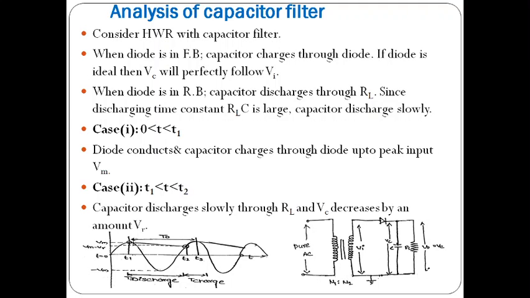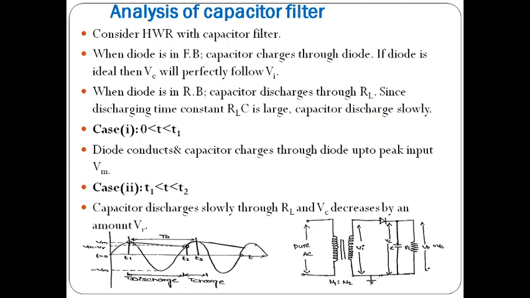When the diode is in reverse bias, no current passes through the diode, so the capacitor discharges through the load resistor. When the diode is in forward bias, the voltage across the capacitor, Vc, charges up to Vm, because we assume an ideal diode.